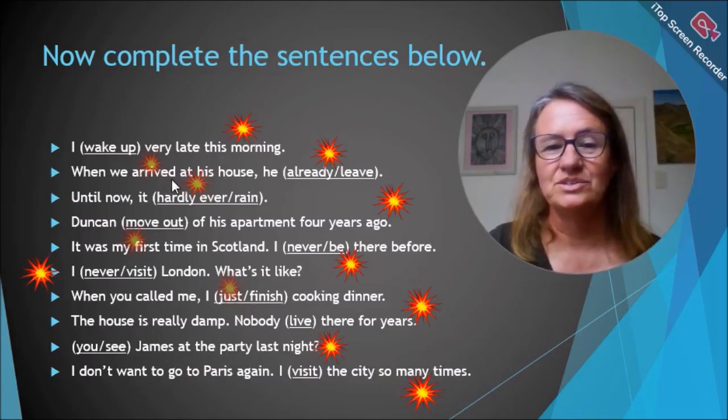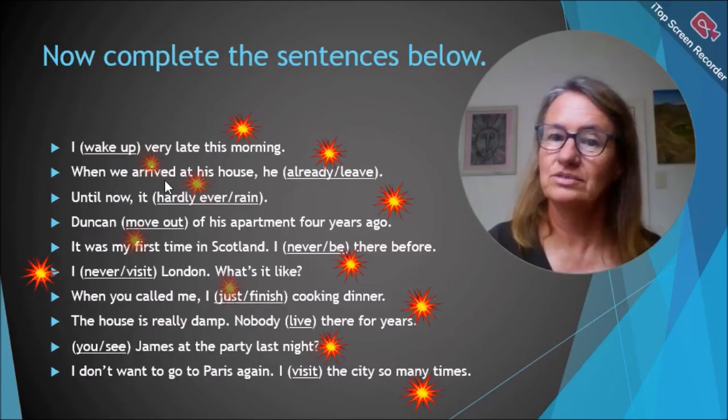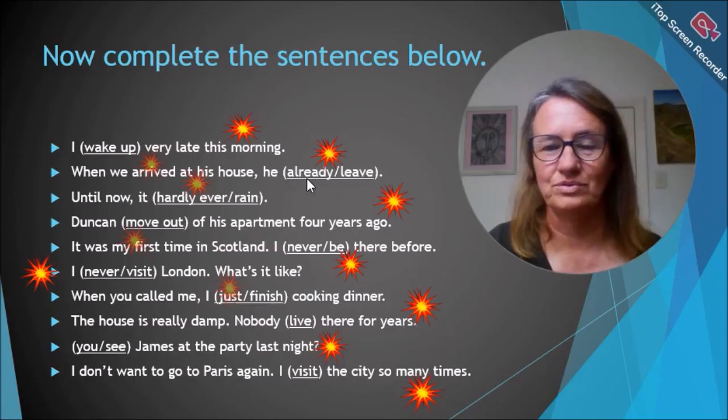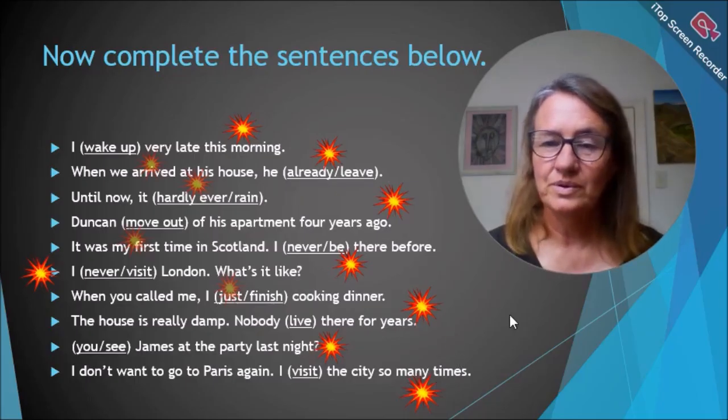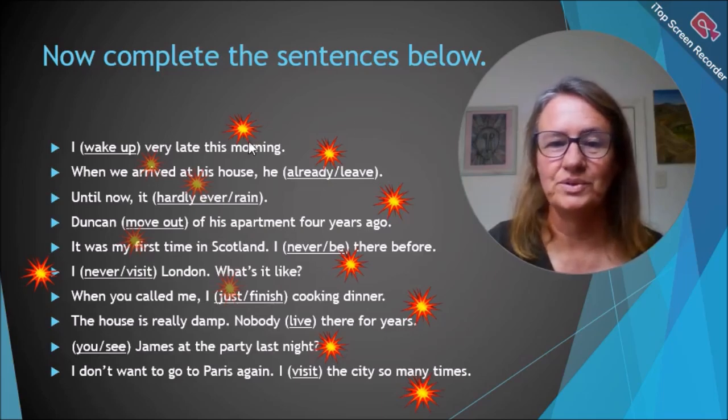And arrived says to us past simple. So we say this sentence, when we arrived at his house, he had already left. Past perfect. So very quickly there, I've given you an amazing trick that is going to make it so much easier. Signal words, this morning, already.